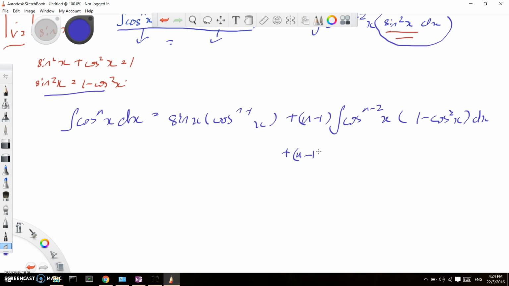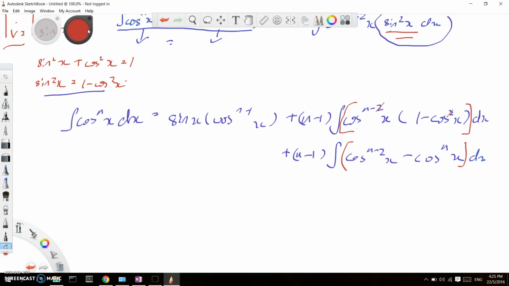For this side, we have cos to the power of n minus 2 x multiplied by 1, so we just get back itself. And cos to the power of n minus 2 x multiplied by cos square x, you get cos to the power of n x. The 2 here cancels out. dx. Oops. We remember that we're integrating this whole thing together.